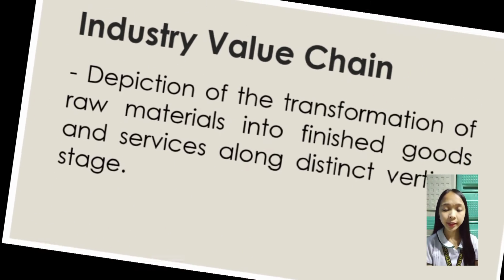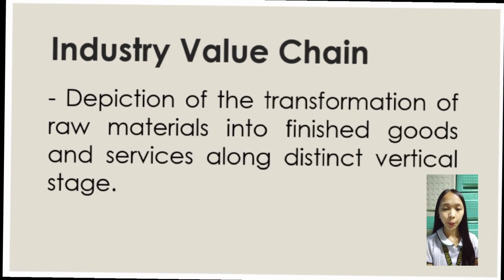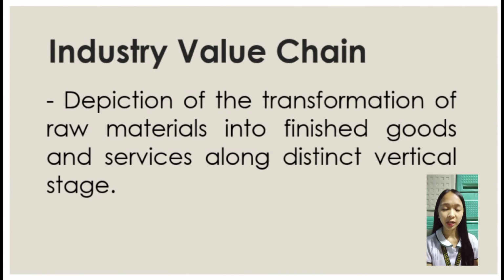Next, the industry value chain. It is a depiction of the transformation of raw materials into finished goods and services along distinct vertical stages. It also refers to the full range of activities needed to create a product or service.